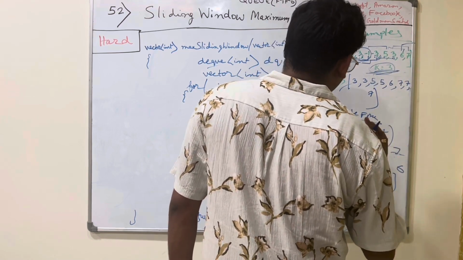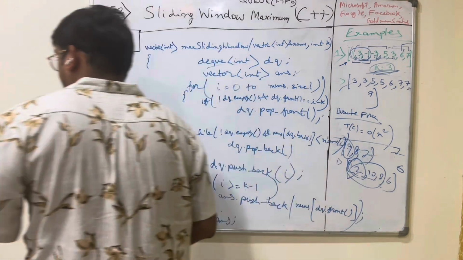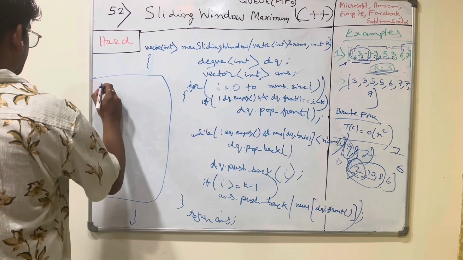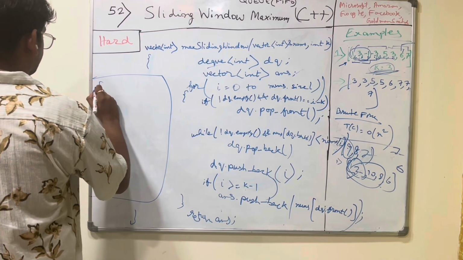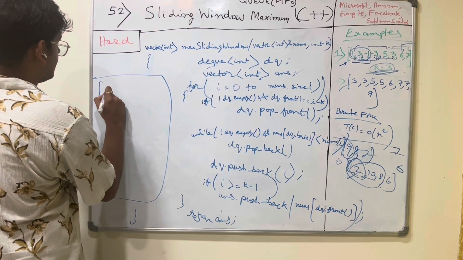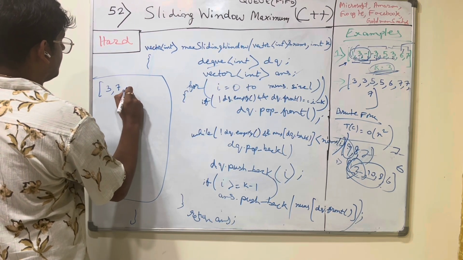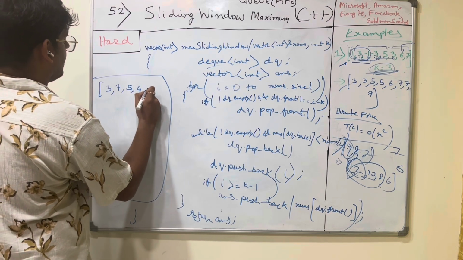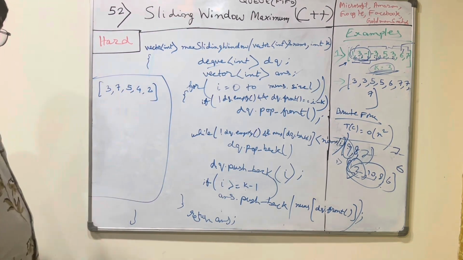Let's take an example. This is the only part which needs to be understood. Other than this, everything is clear. So this is another example, where the elements coming into the queue are 3, 7, 5, 4 and 2.